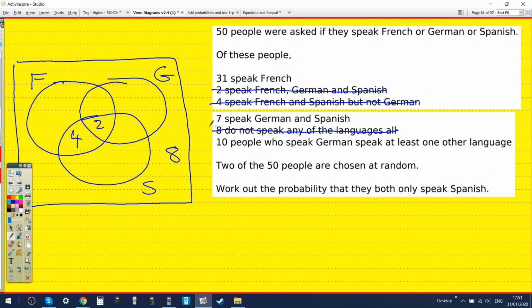7 speak German and Spanish. So this is German and Spanish. So we know 2 of those people speak French as well. Okay, so 5. Yeah, so actually that's 5. Okay. 10 people who speak German speak at least one other language.